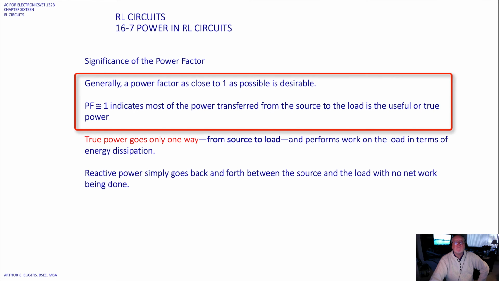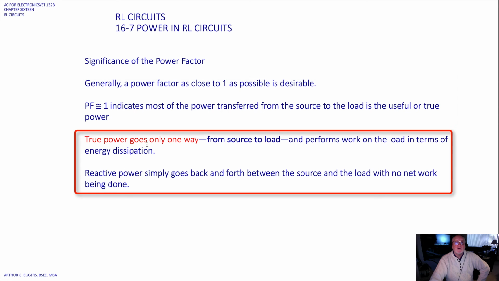Generally, a power factor as close to 1 as possible is desirable. Think in terms of the speakers in your stereo. If you've got the greatest amount of power going to the load, your speakers are operating at maximum power transfer. A power factor almost equal to 1 indicates that most of the power transferred from the source to the load is the useful or true power.